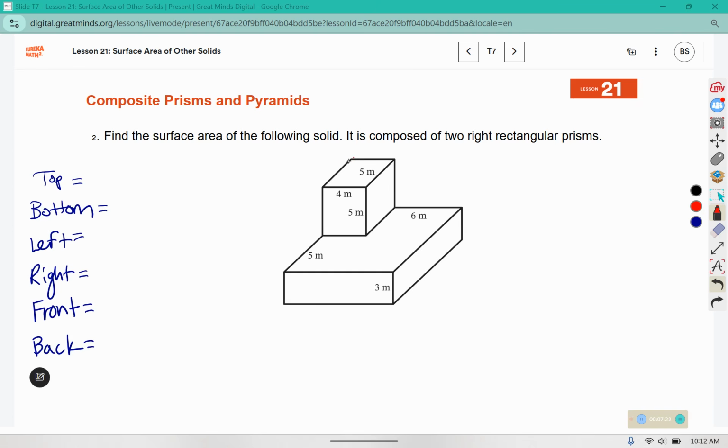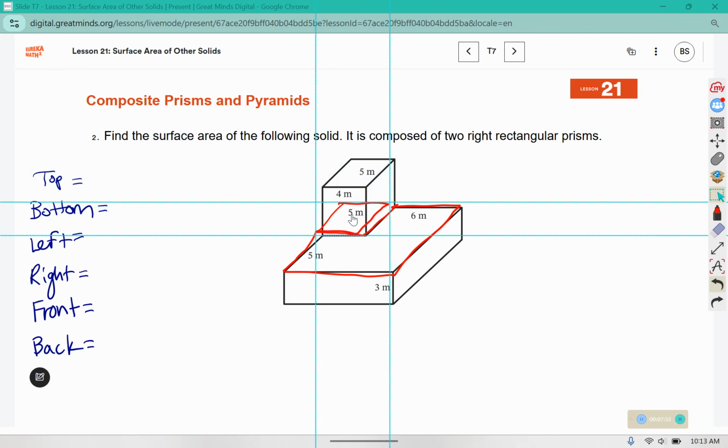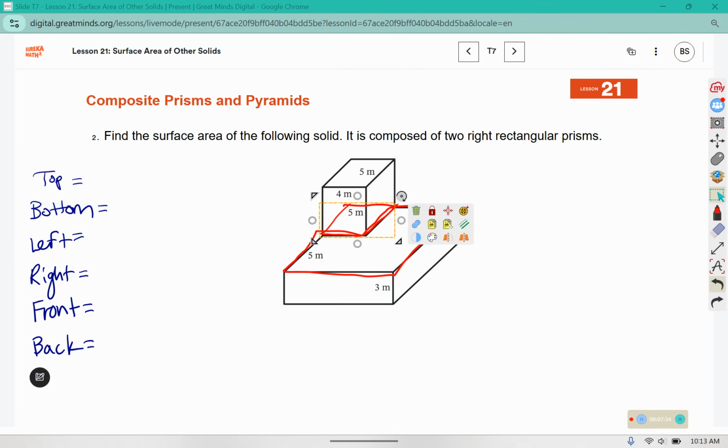The top, if we look at the top, we have this top section and then this top section as well. If we combine these 2 top sections, it makes a complete rectangle. Well, the dimensions here, this side is 4, and then this direction is 5.